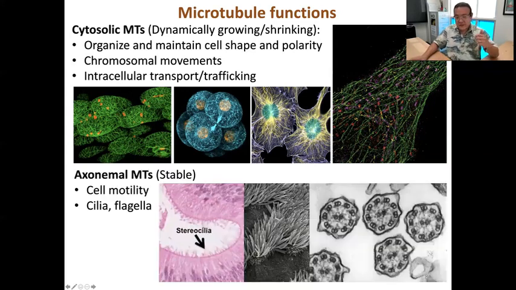In addition, because of their strength, you have certain microtubules that are stable. They don't grow and shrink. They're not very dynamic. So these are the ones that form different types of cell structures on the surface, things like cilia. So this might be an epithelial cell in your respiratory tract, and the epithelium has these cilia. If you were to zoom in, you would see these are essentially bundles of microtubules together.